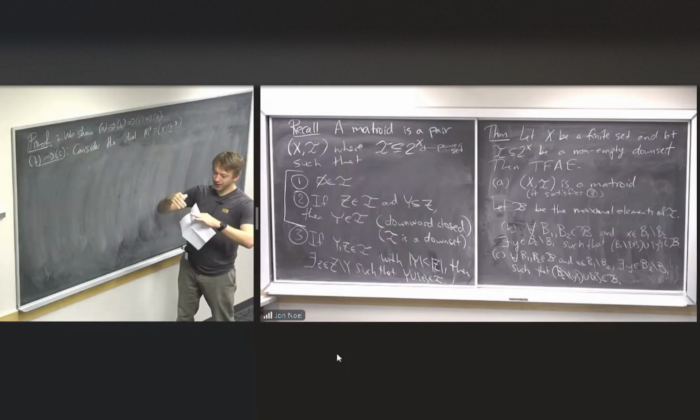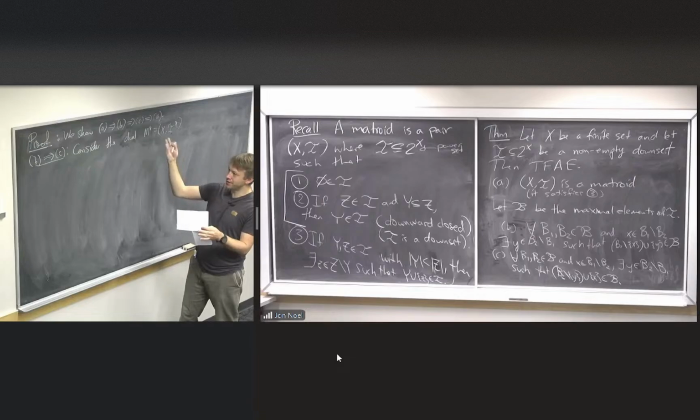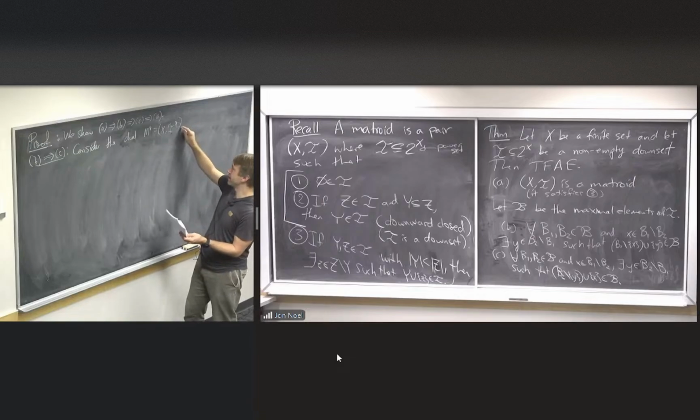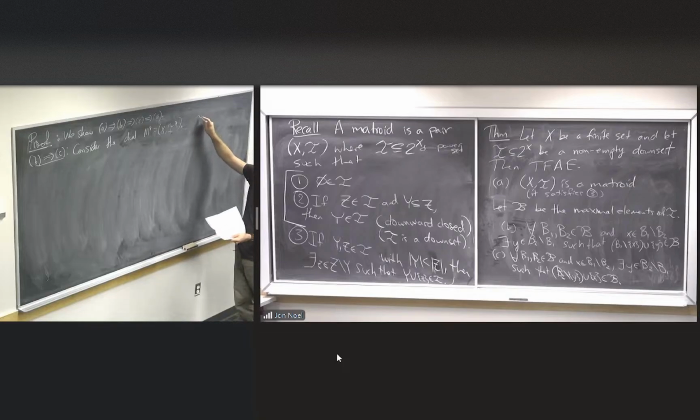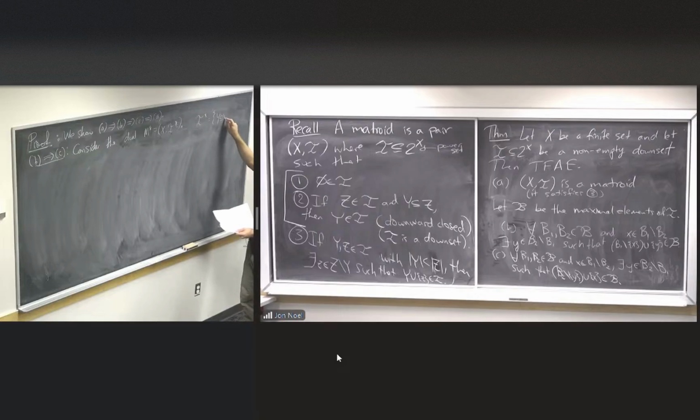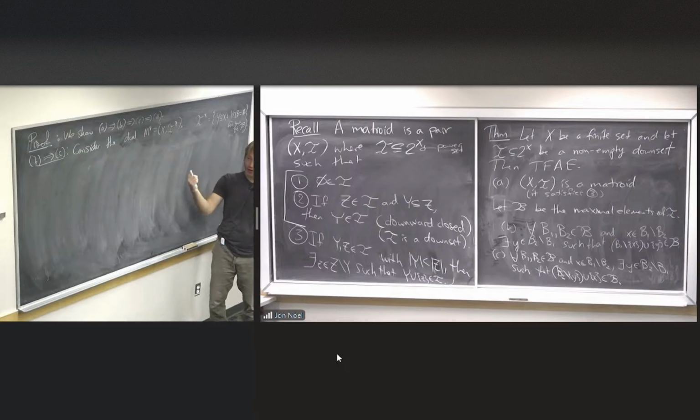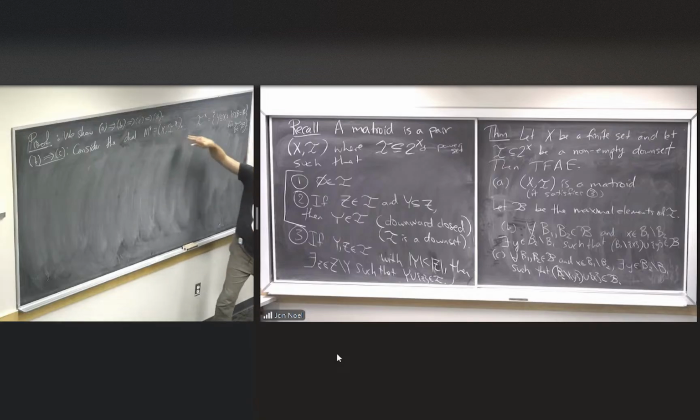Let's define, for any pair X, I, the dual in the same way as before, but it may not be a matroid, right? So I star is defined to be the set of all Y, which is a subset of X, such that Y intersect B is empty for some B in curly B. Maybe I'm slightly wrong to call it the dual because we're not assuming M is a matroid, but anyway, I just define it in the same way.